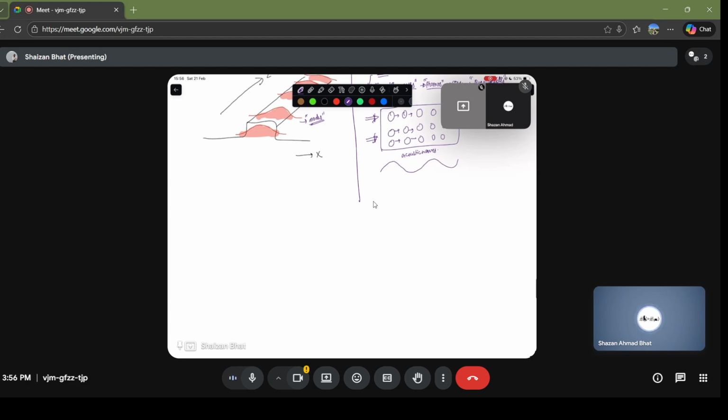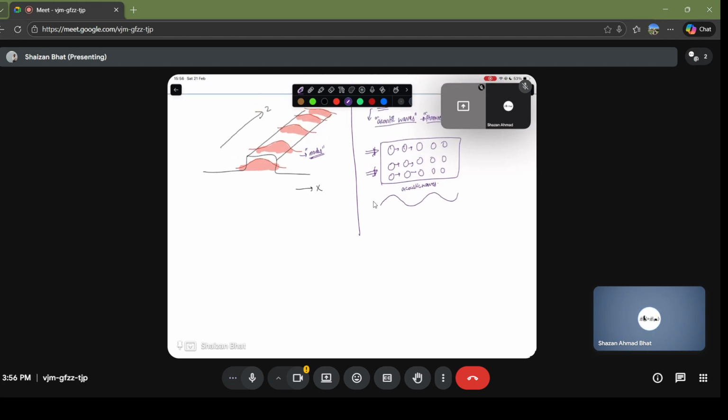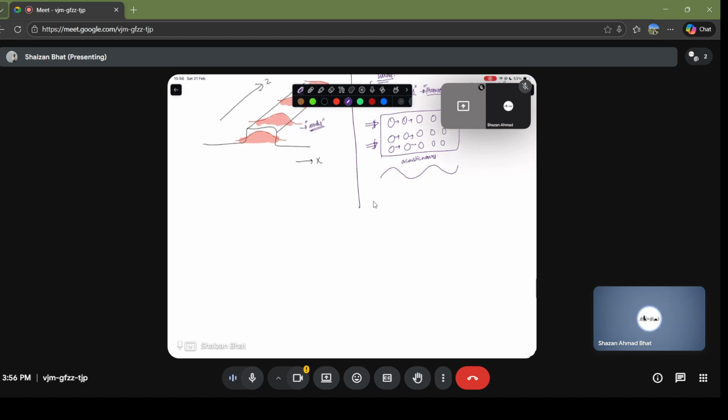So these acoustic waves are basically propagating waves. You deal with them in a similar fashion as you deal with electromagnetic waves and electron waves. But it requires a medium to propagate because these are sound waves.